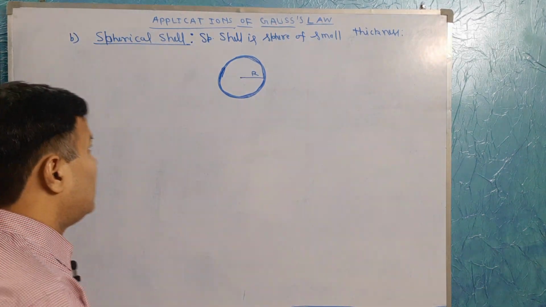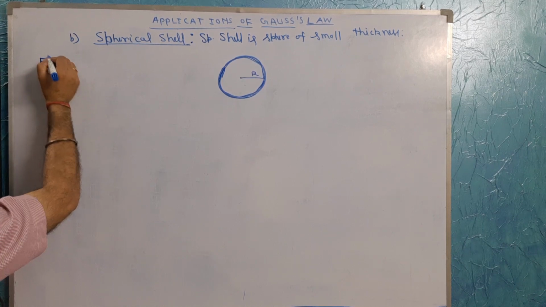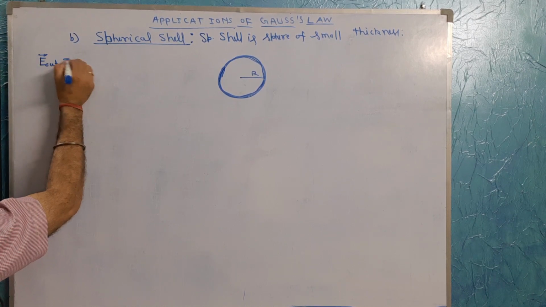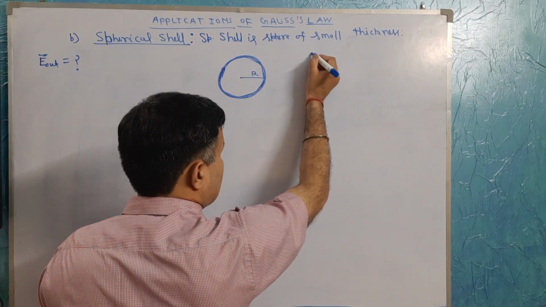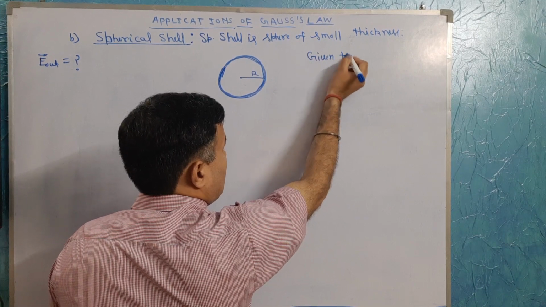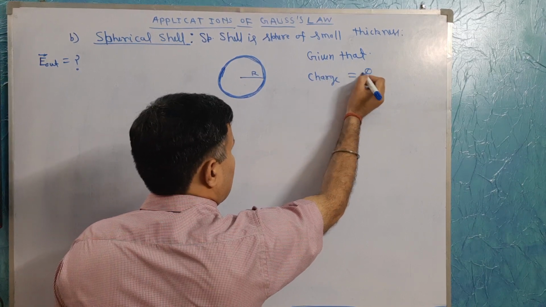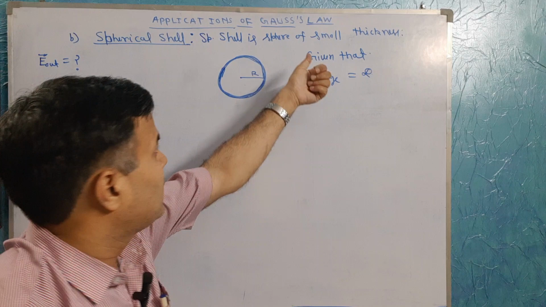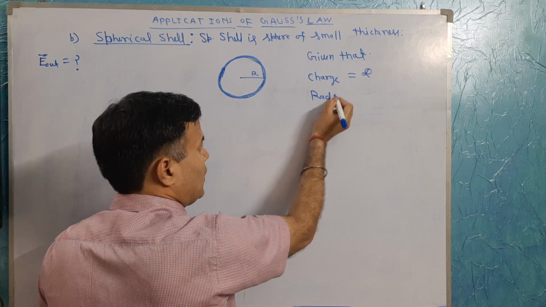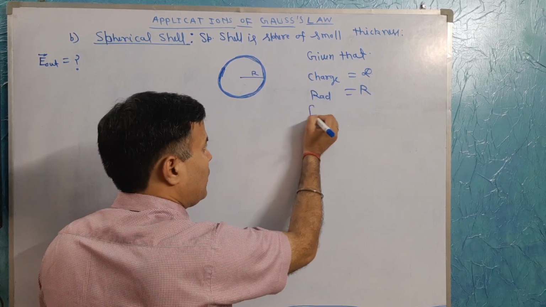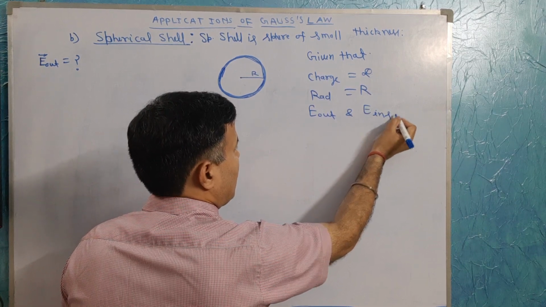So let us see. What is electric field, E outside? Given that we have a spherical shell of small thickness having charge Q, radius R, and we want to find out E outside and E inside.